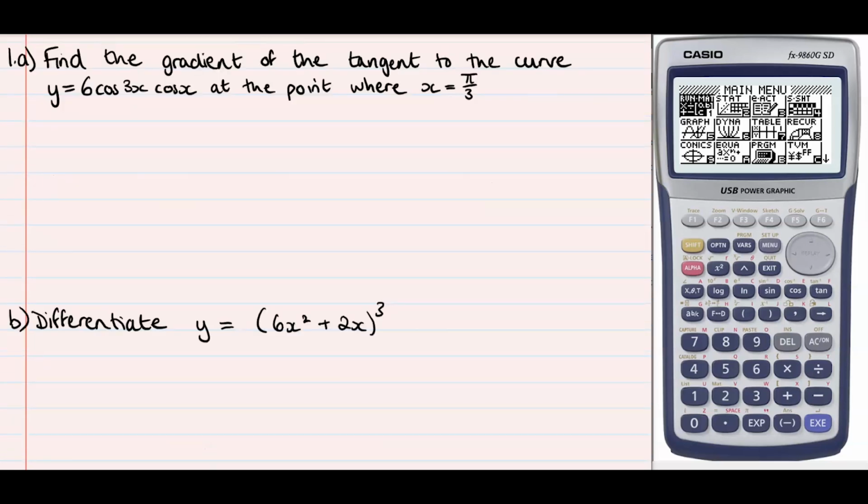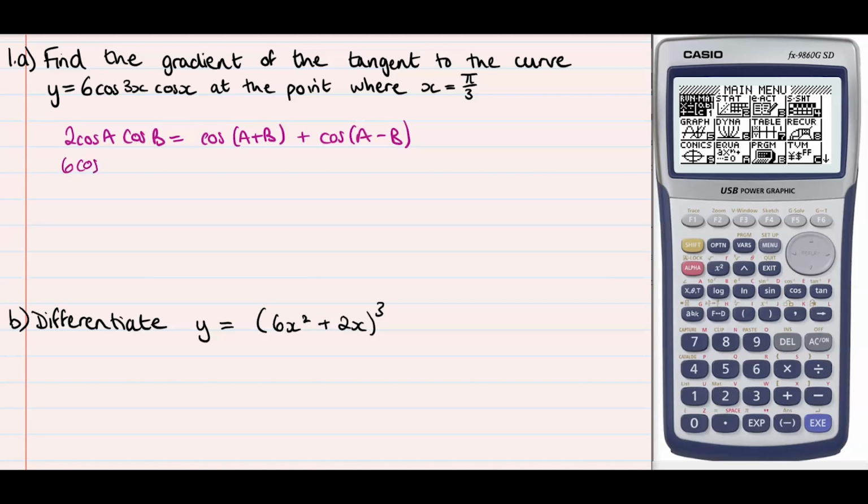Okay, so 1A, we could either use our product rules in terms of adjusting what we have here to begin with, or we can use the product rule of differentiation. I'm going to go with adjusting this one. So look at the product rules on your formula sheet, and you've got this one.